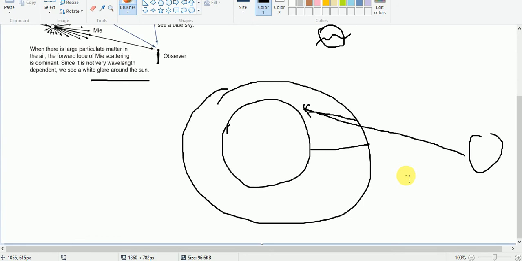During its travel in the atmosphere, most of the blue and violet wavelengths are scattered out by the gas molecules and dust particles, and consequently the light that reaches our eyes consists mostly of reds and oranges.